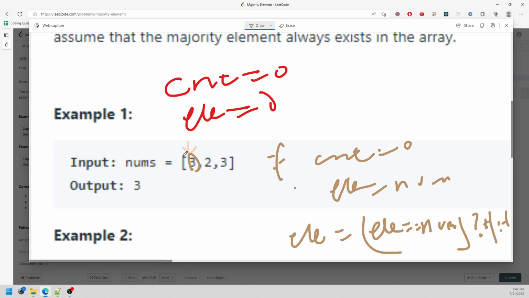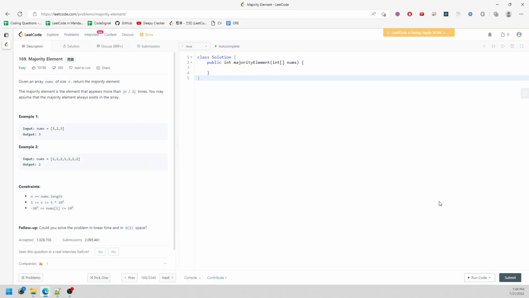So just keep counting the most frequent element, and this is the second solution.